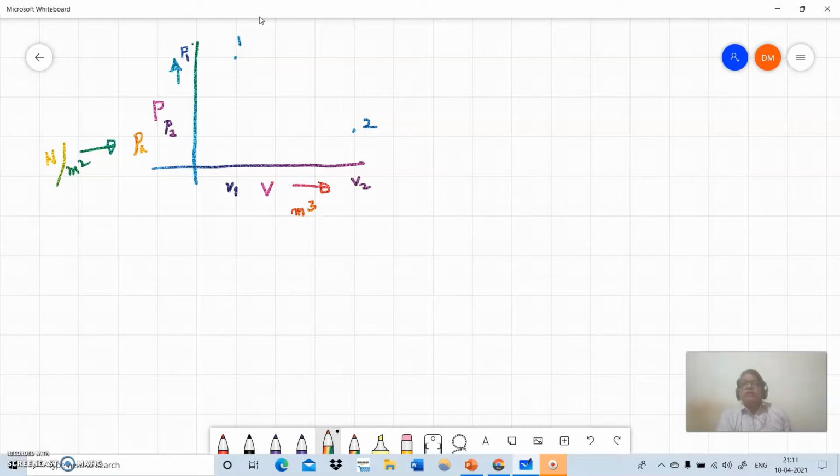This is the coordinate; in mathematics we write P1 V1 and P2 V2.